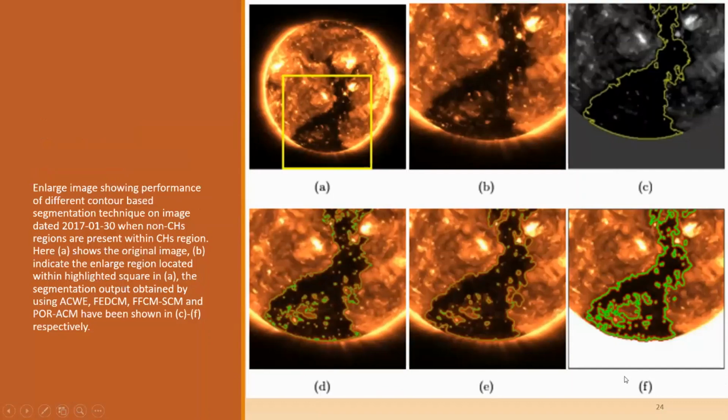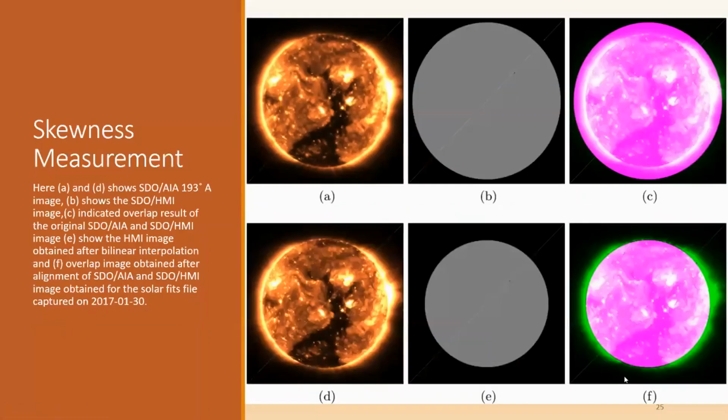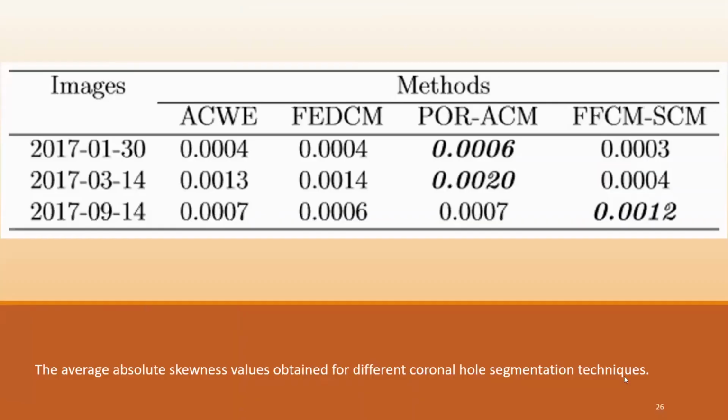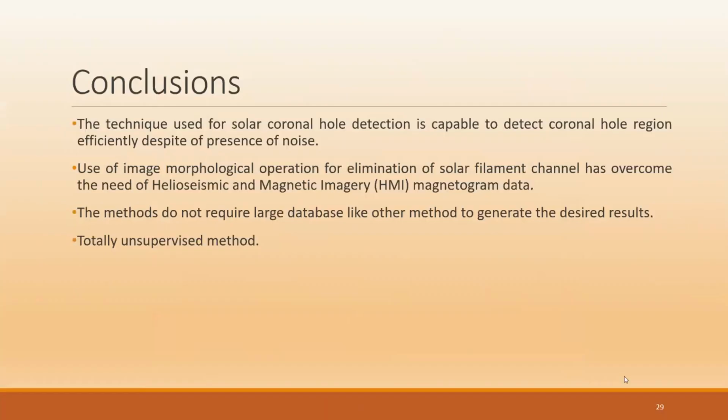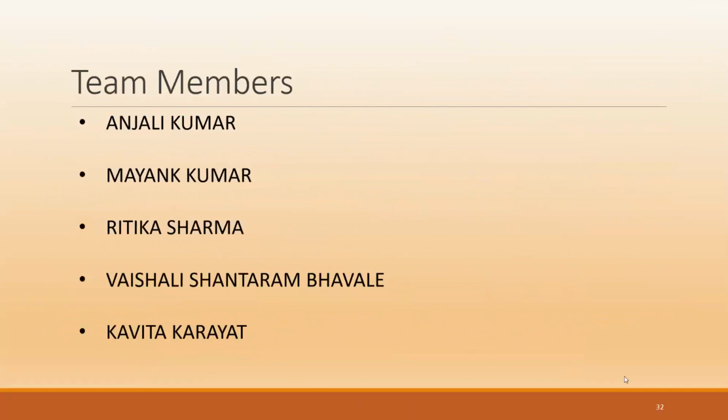So in the next few days, I will work on this topic, on the development of this AI-based computer vision algorithm for coronal hole detection. And these are the team members with whom I will collaborate. That's all. Thank you.